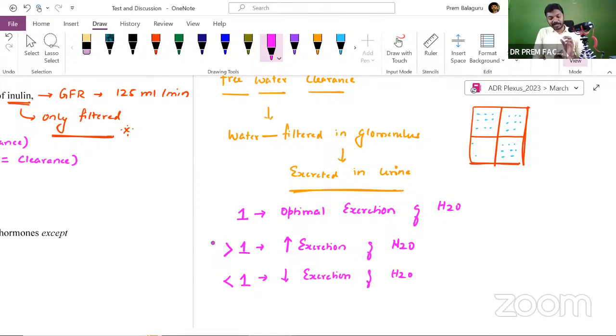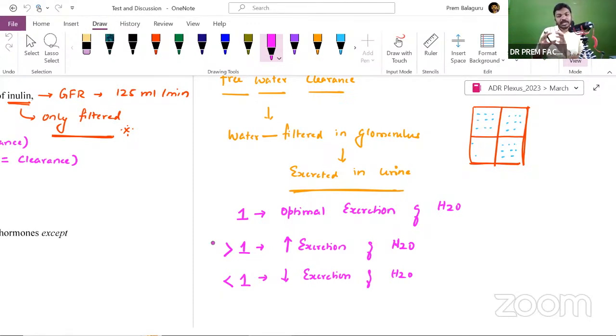So free water clearance indicates how much water alone is being taken out of plasma. It does not include any solutes, sodium, glucose, chloride, nothing, just water alone, right? We are going to express the water excretion in a ratio with relationship to the normal value, a constant value.